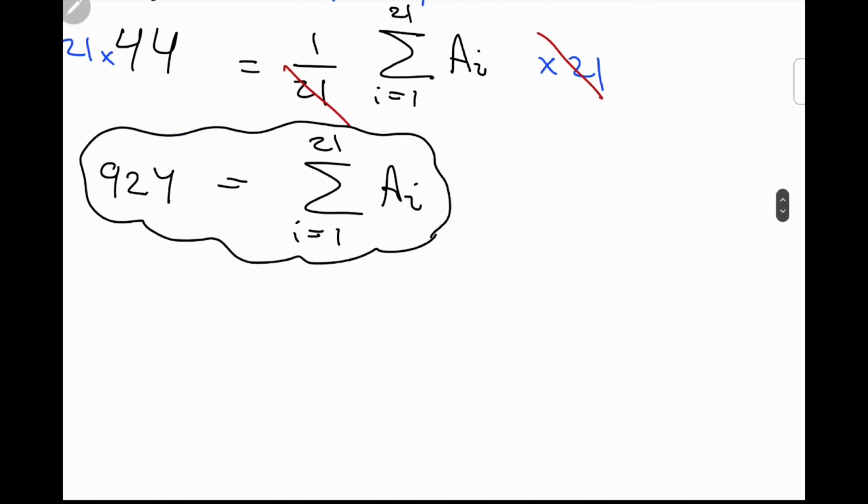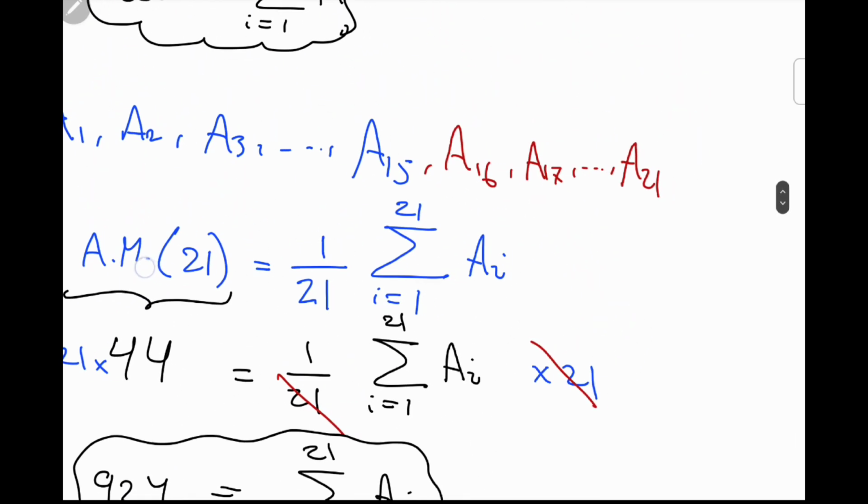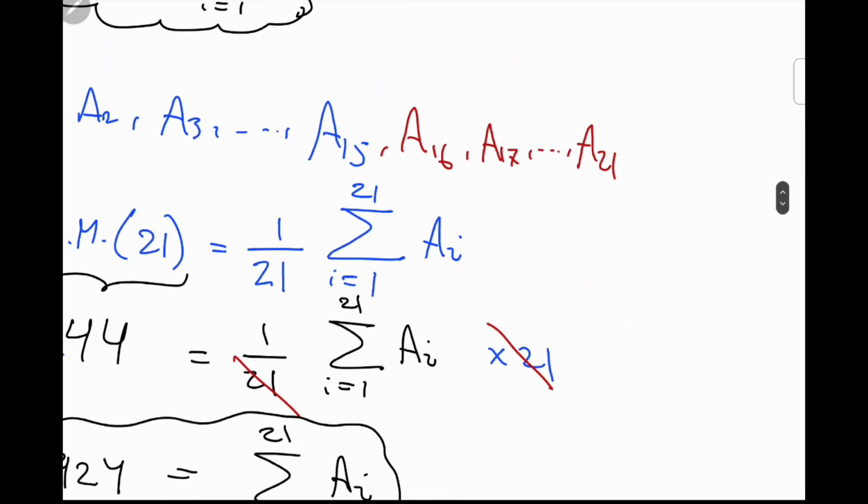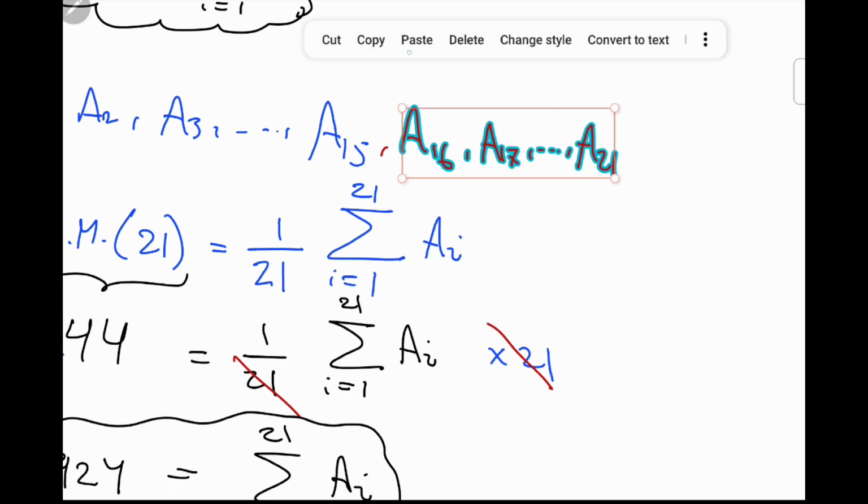So now they're asking us to find what is the arithmetic mean of the ages of those new 6 teachers. So these only.